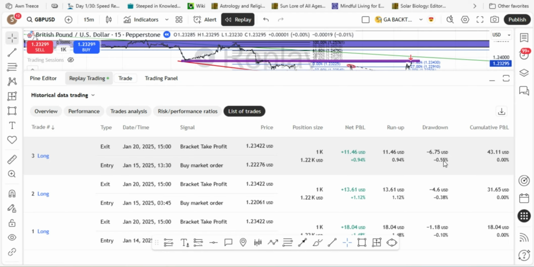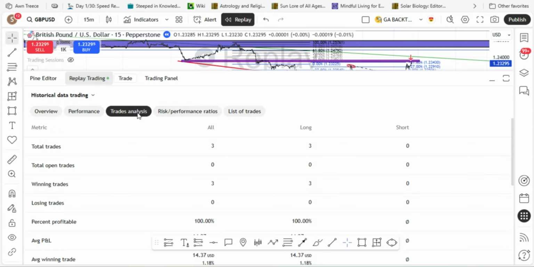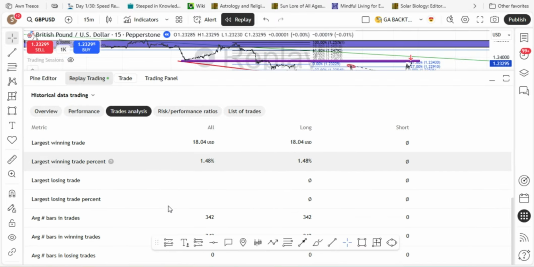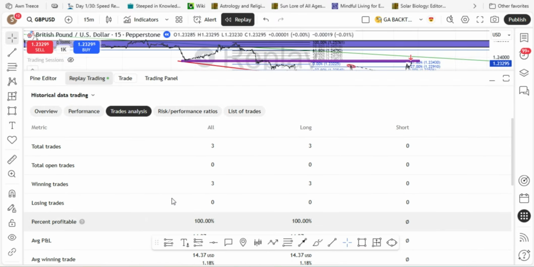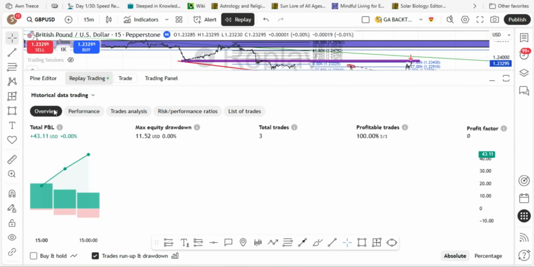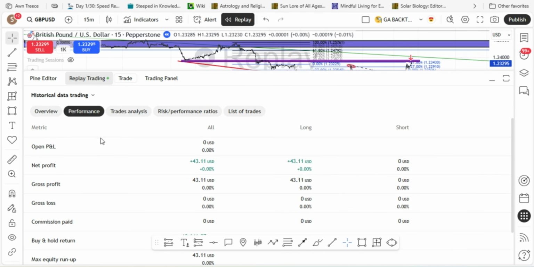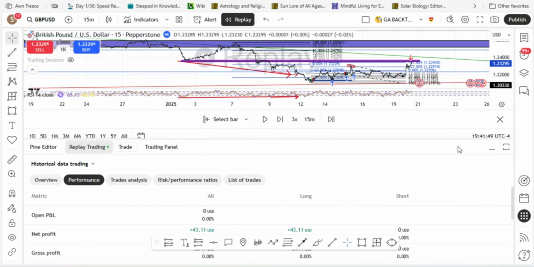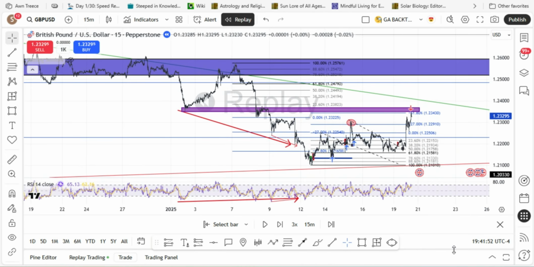Okay. I know I messed up at least one of these. Total trades 3, all 3 winning. I could have sworn, I mean that looks good, I could have sworn I did some that I lost though. Okay. But yeah, that was my back testing session for the day. Let's go ahead and get that saved.